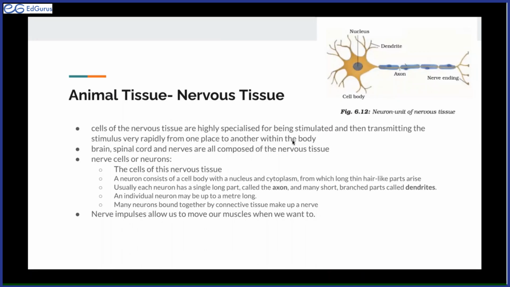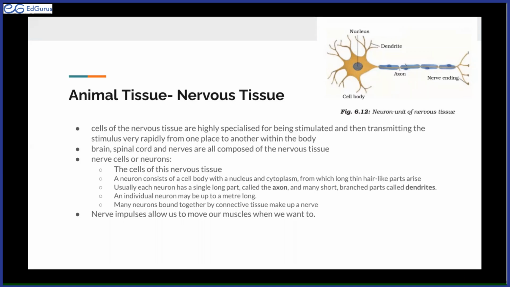So what does the nervous tissue do? It detects stimulation. Stimulation means, if there is something that is being done to this nervous tissue. For example, if I touch a book, the nervous tissues on my hand will feel the book being touched. So a nervous tissue basically helps with feeling.